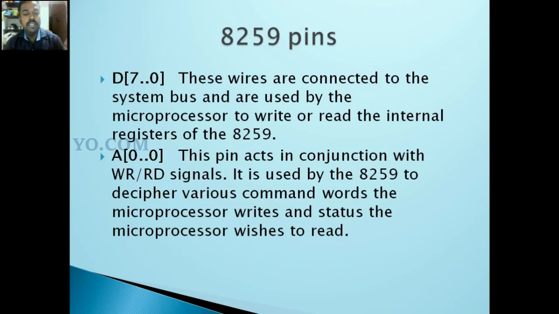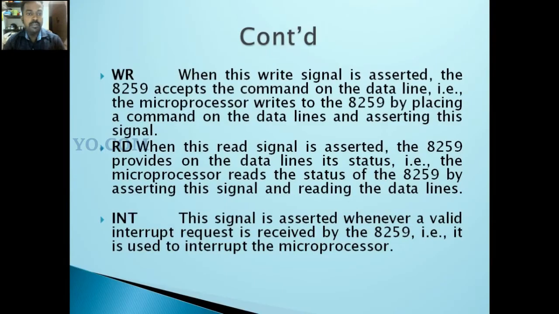Next is programming. To program the 8259 we must program two things. First, the initialization command words. After programming the initialization command words, we have to program the operational command words, OCW. The 8259 is initialized using ICW commands. The ICWs are used to set up proper conditions and specify the RST vector location during initialization.